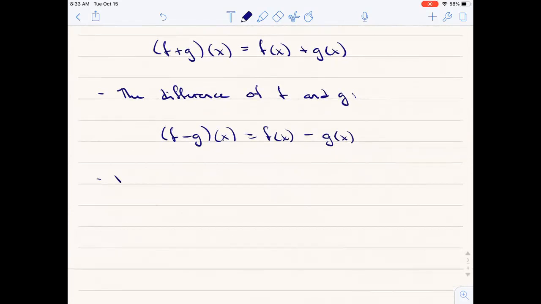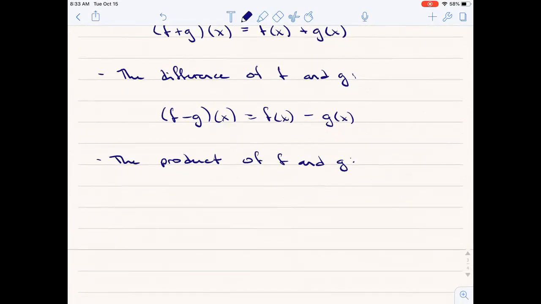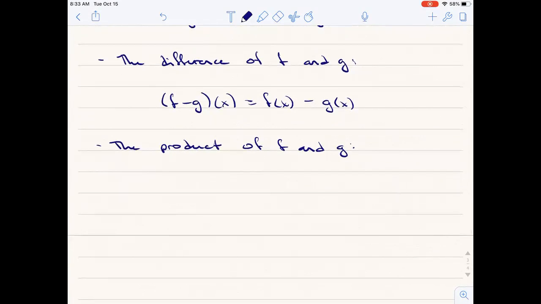The product of f and g, but I'm also writing these out just so that you see the sum, the difference, the product, and the quotient kind of in action, those words, because we'll start using them more and more. So the product of f and g is fg of x, which is the same as f of x times g of x.